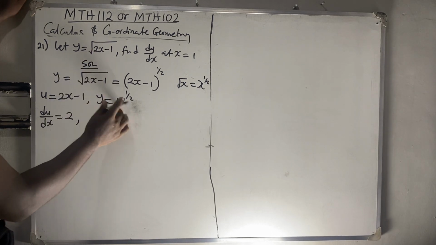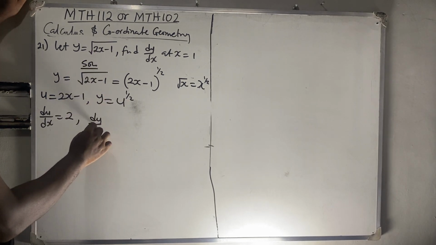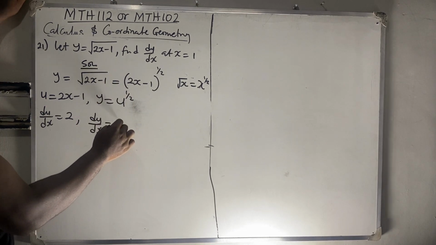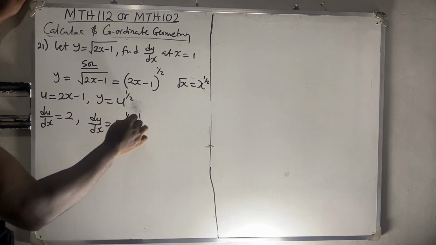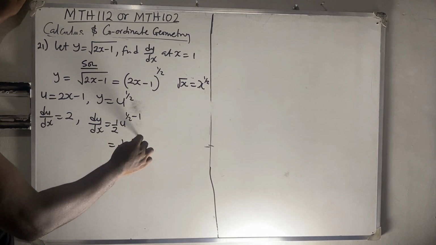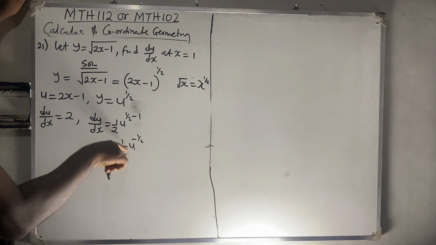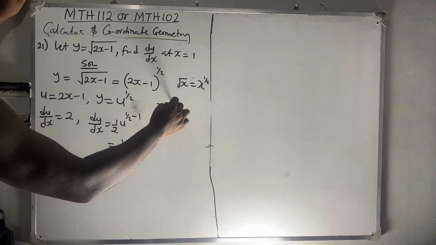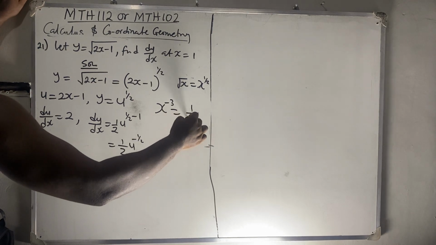So these two will give me dy/du. dy/du is simply multiply by the power, remove 1 from the power. That is 1/2 u raised to power 1/2 minus 1, which will give you 1/2 u raised to power minus 1/2. To bring the minus down, according to indices, x raised to power minus 3 is the same as saying 1 over x raised to power 3.